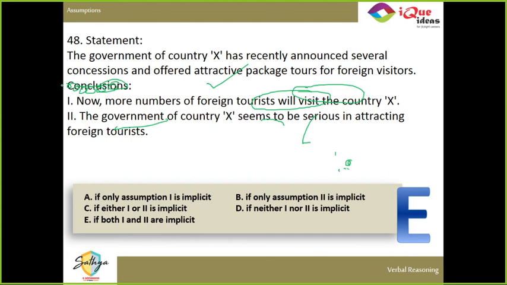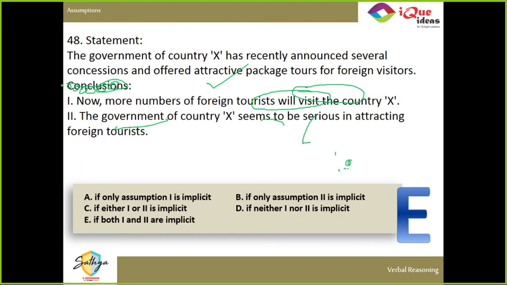If the government assumes that by doing such things more tourists will come, then the government will actually take those steps. But if the government is not sure that more tourists will come, then the government may not take that step, right? So before taking a step, the government has to assume that the step will be positive. See, the government assumes that the vaccine will make our country safe, and that's why it is promoting the vaccine.